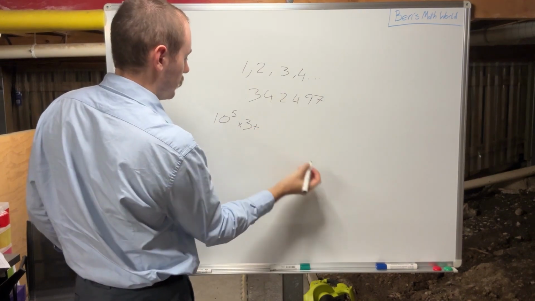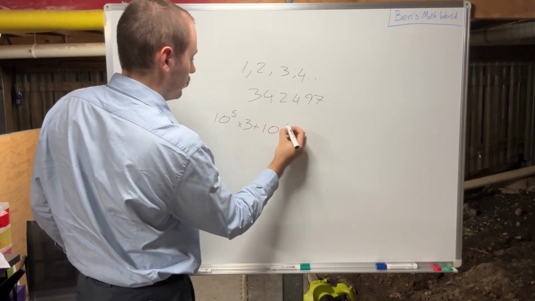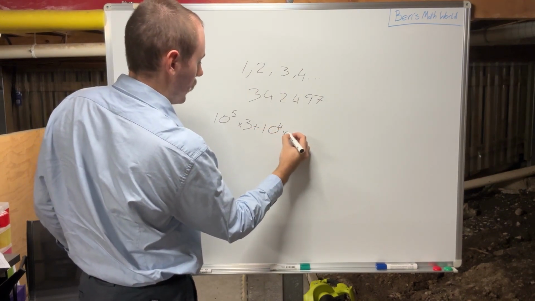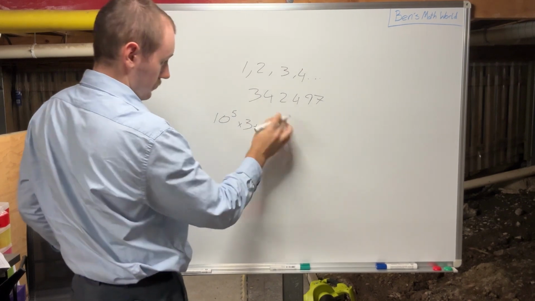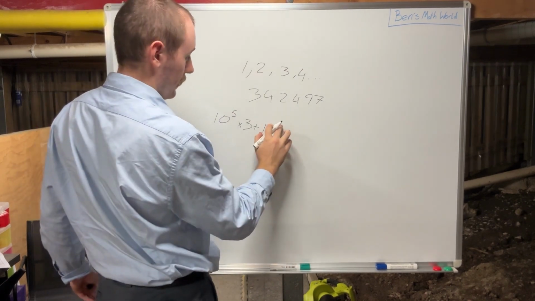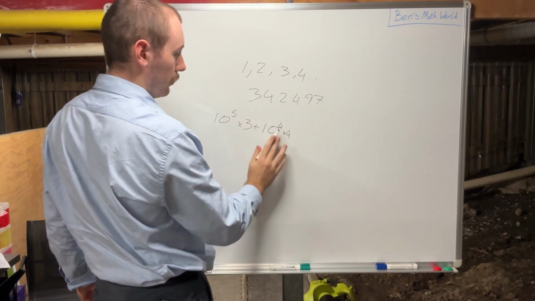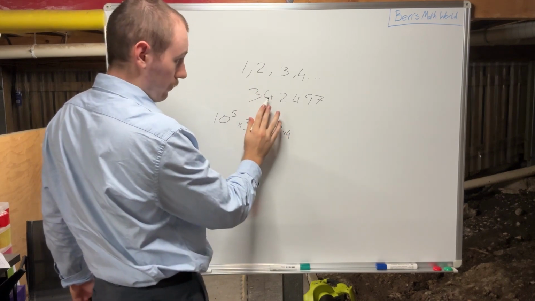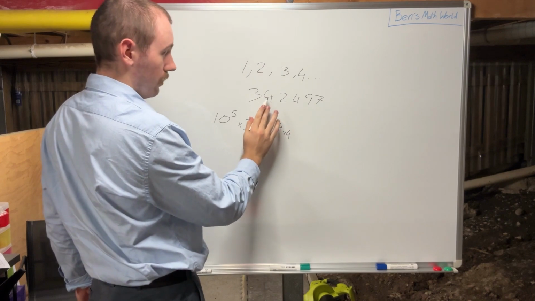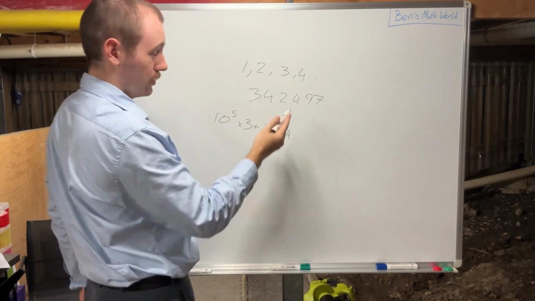We'll do plus 10 to the power of 4 times 4. The 4 is kind of confusing, but this power of 4 is because of the amount of digits after this 4, and this 4 is the digit, whose place value is what number it is.